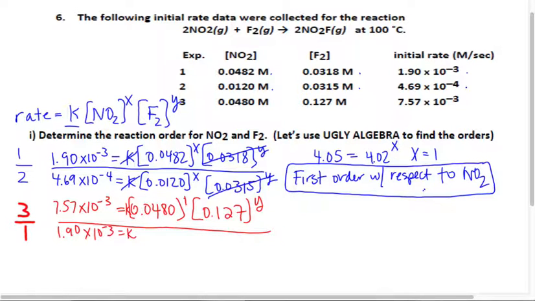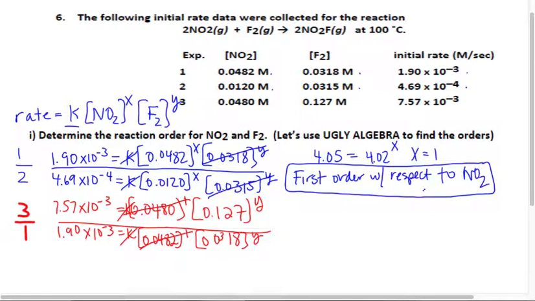The k's are going to cancel. Times 0.0482 raised to the 1 or raised to the x divided by 0.0318 raised to the y. So k's cancel. What else cancels? That whole 0.0482 to the first or 0.0482 to the x.